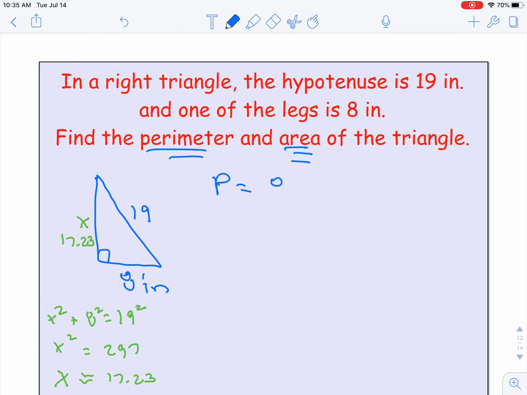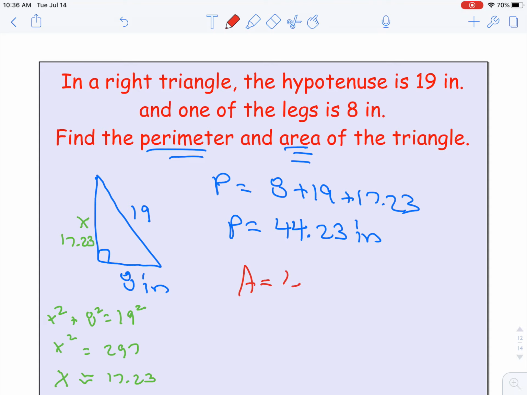Okay, so now I have that. So now I should easily be able to find the perimeter. So the perimeter is equal to all the sides added up. So 8 plus 19 plus 17.23 gives me a perimeter equals 44.23 inches.